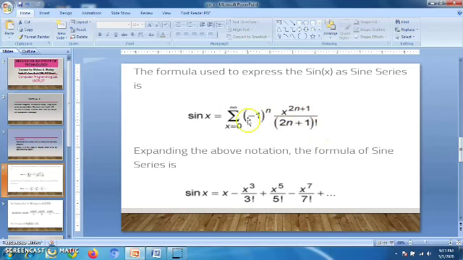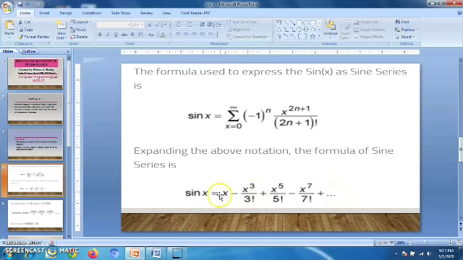When you expand this by substituting the values of n from 0 to infinity, you get the series: sin of x equals x minus x cube divided by 3 factorial plus x raised to 5 divided by 5 factorial minus x raised to 7 divided by 7 factorial plus so on. Here you have to observe the terms.